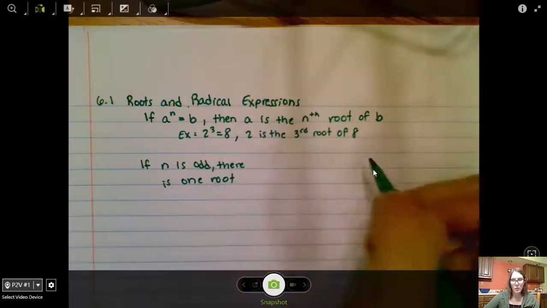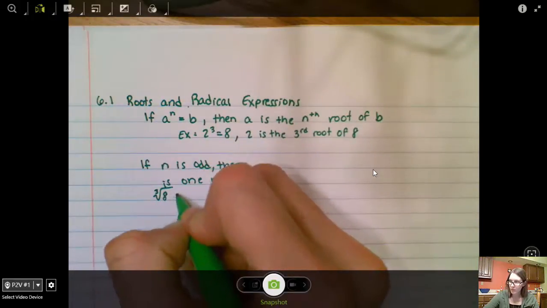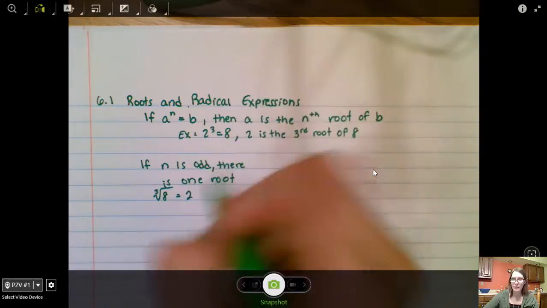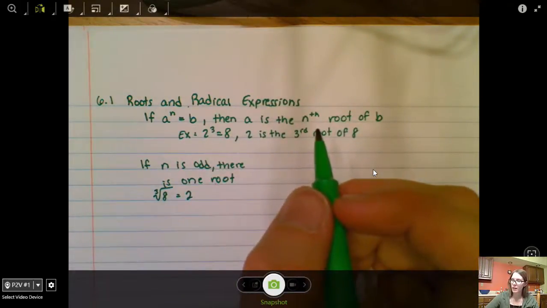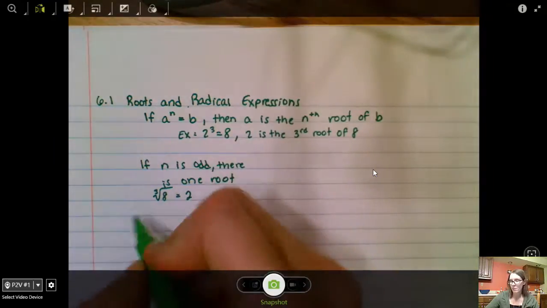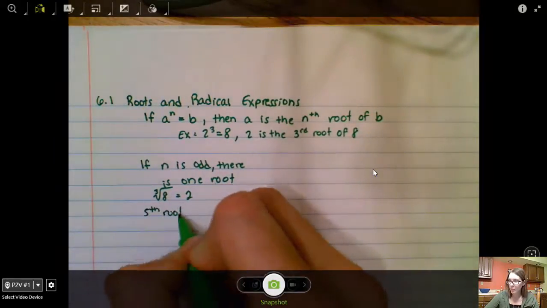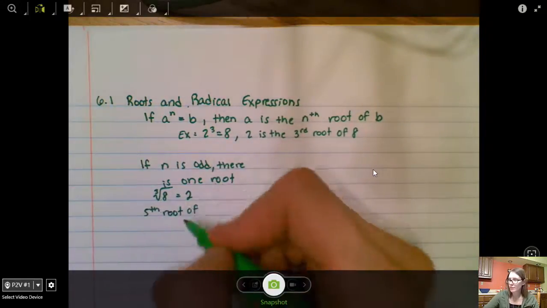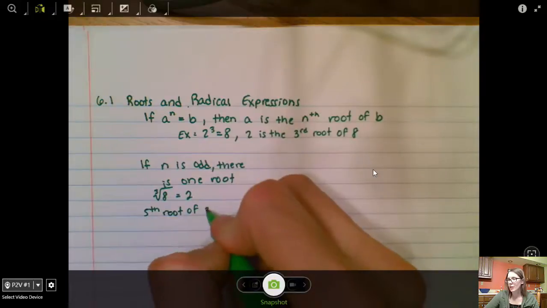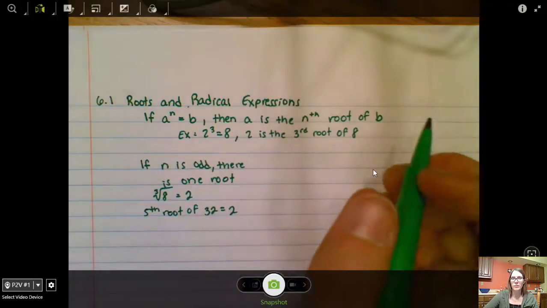So like the cube root of 8, for example, is 2. Or like the 5th root of, let's say 32, for example, is 2.